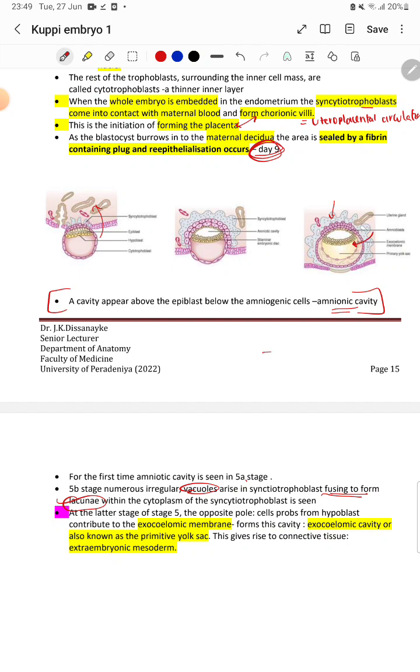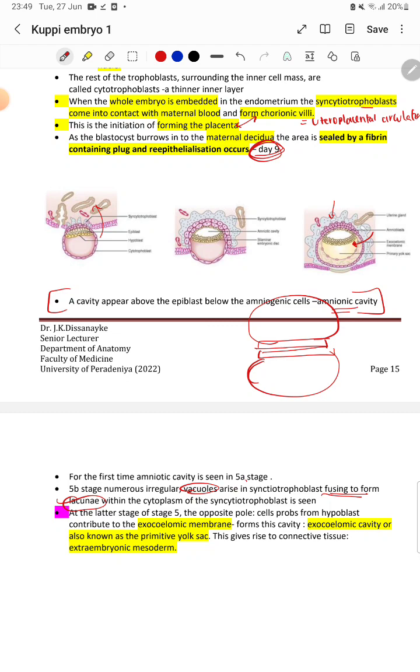So remember, you have this layer, the bilaminar disc. The epiblast is linked to the amniotic cavity, right? So we want to give the same treatment to the hypoblast. We can't give them the same amniotic cavity. That's just not right. Instead, you can settle for another cavity, and this is known as the exocoelomic cavity.